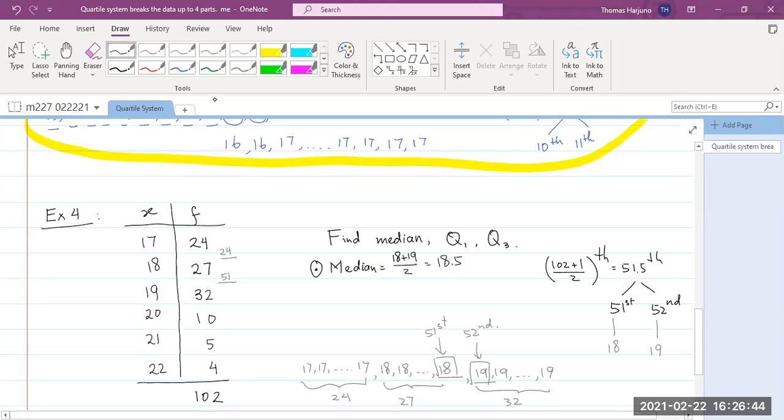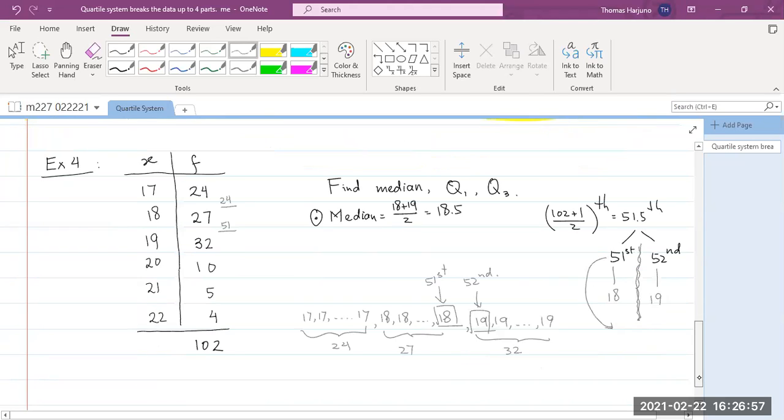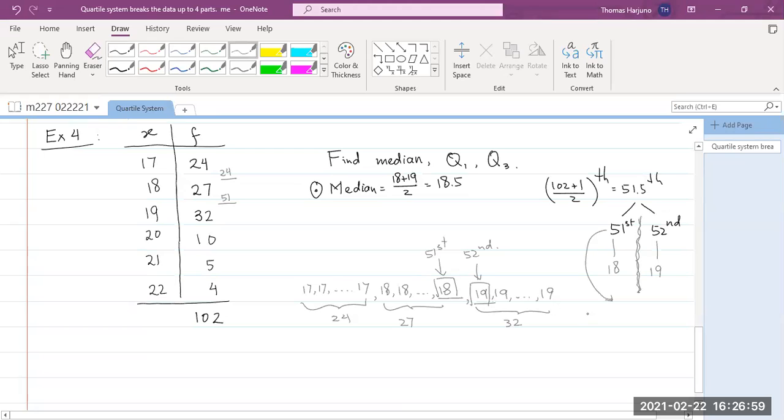Now from here, we also see that the median is between data number 51st and data number 52nd. So there are 51 data in the lower half.